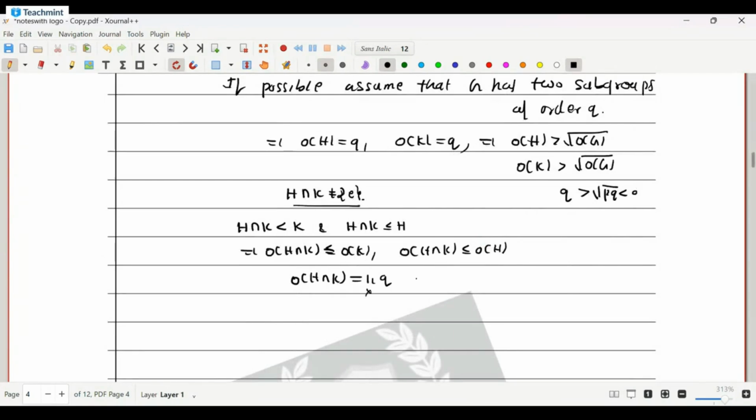So the only possibility is order of H intersection K is equal to Q, sir. If order of H intersection K is equal to Q అయిందనుకోండి, then H intersection K is either equal to K or H.